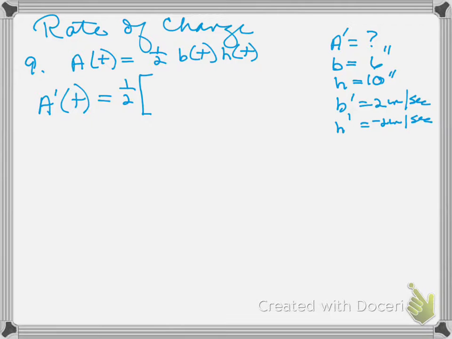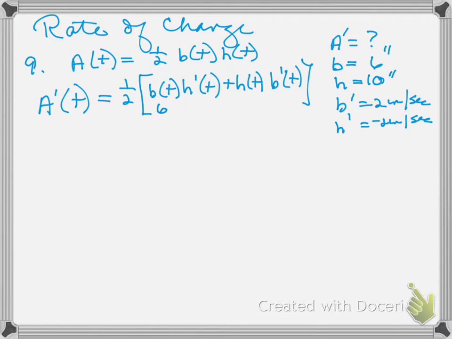So the product rule tells me I'm going to do left, d right, plus right, d left. And look how I have all the numbers I can plug in. So what does that mean? Well, my base was 6, so this is 6.